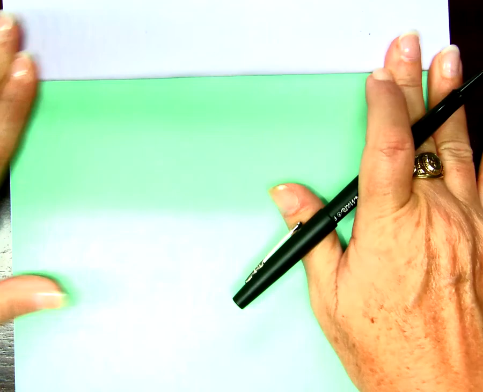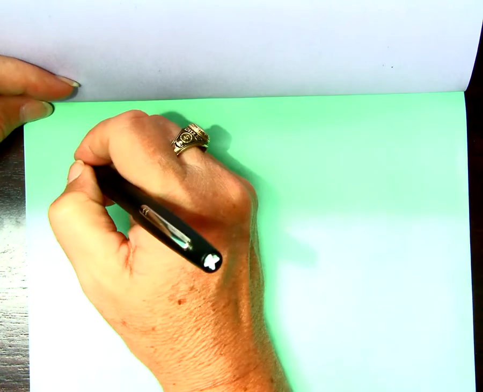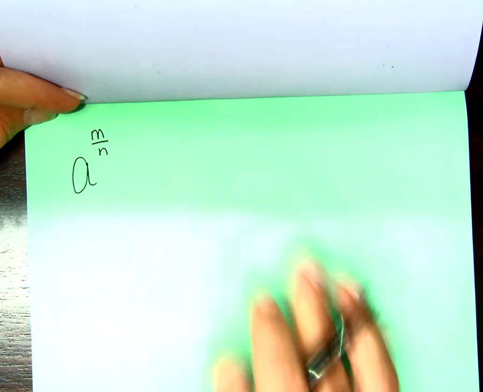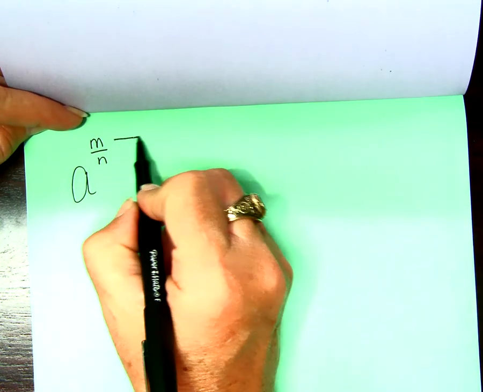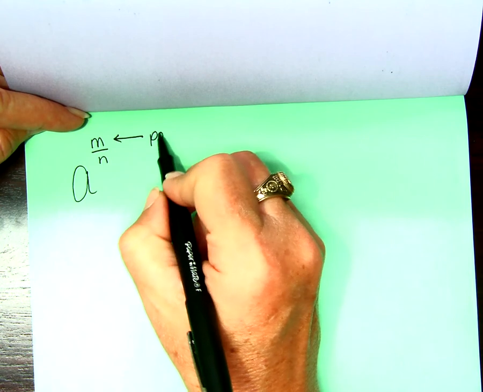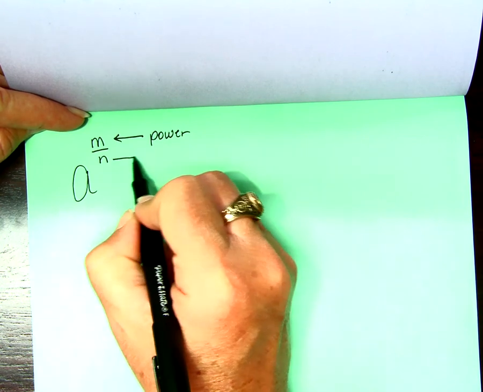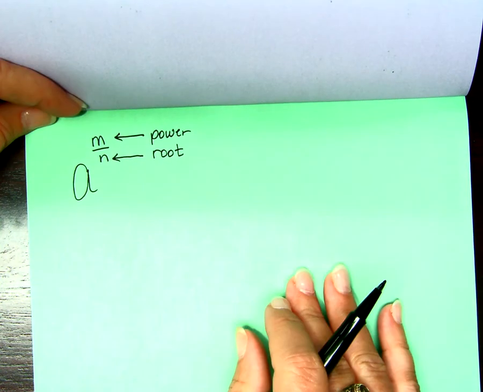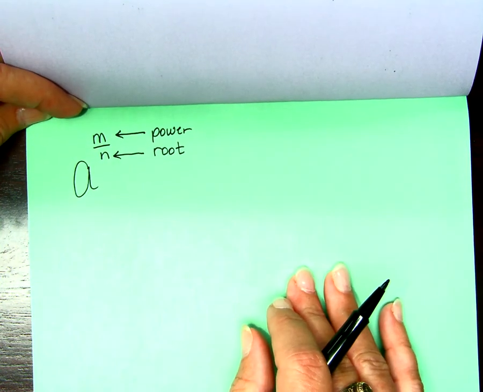First thing I want to tell you is when we have fractional exponents, we have a to the m over n power. I need you to know that the numerator of a fractional exponent is the power, and the denominator of the fractional exponent is a root. Okay?